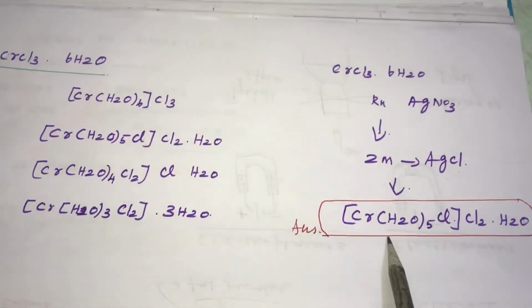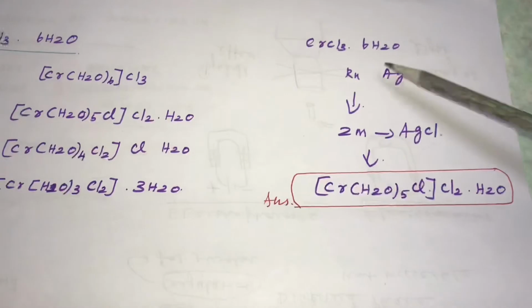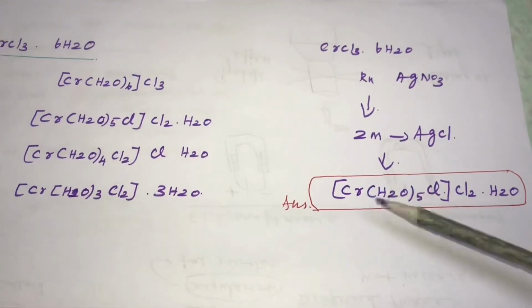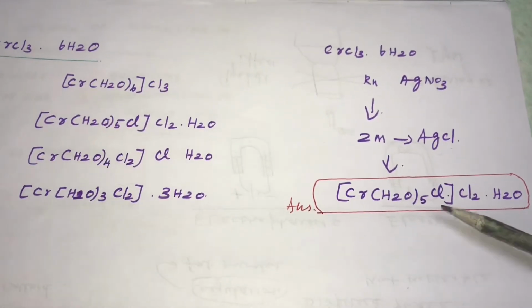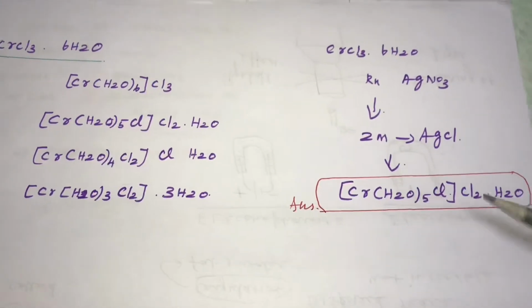So the answer is, when silver nitrate is added to CrCl3·6H2O, the structure is [Cr(H2O)5Cl] within the ionizing sphere and Cl2·H2O outside the ionizing sphere.